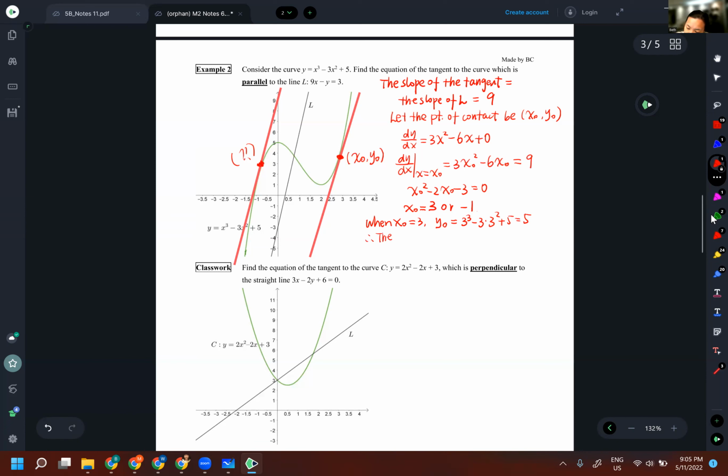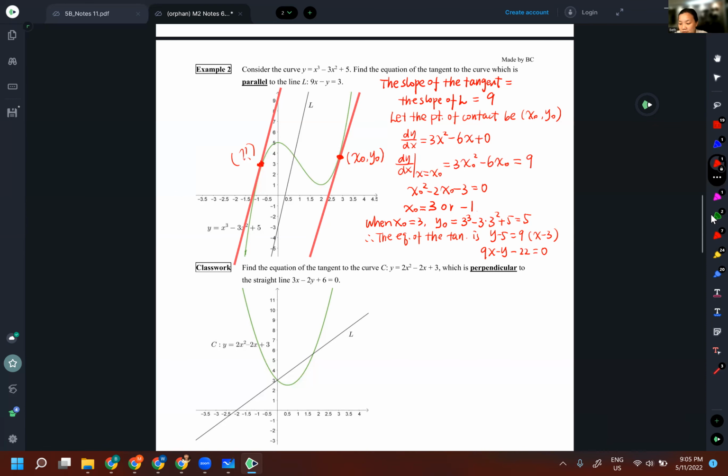Then the equation of the tangent is y minus 5 equals 9 times x minus 3. And that is 9x minus y minus 22 equals 0.